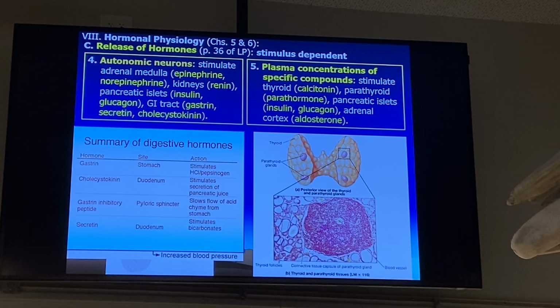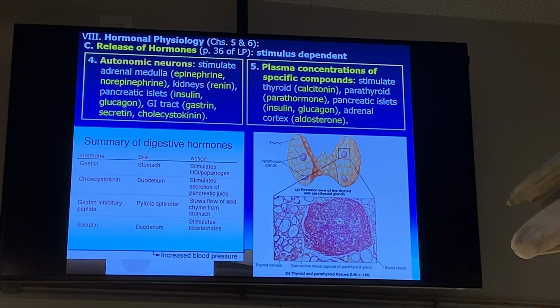What do you mean by plasma concentrations of specific compounds? Well, for example, with blood glucose, if blood glucose levels drop, it will influence the alpha cells of your pancreatic islets to release glucagon. If your blood glucose goes up, that will inhibit alpha cells and stimulate beta cells to release insulin.